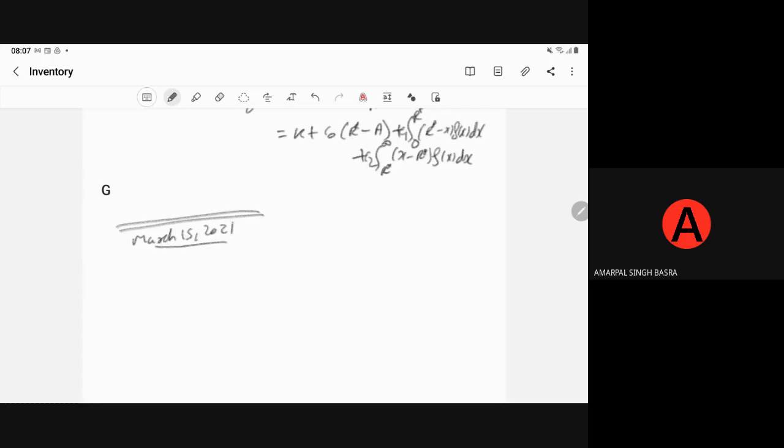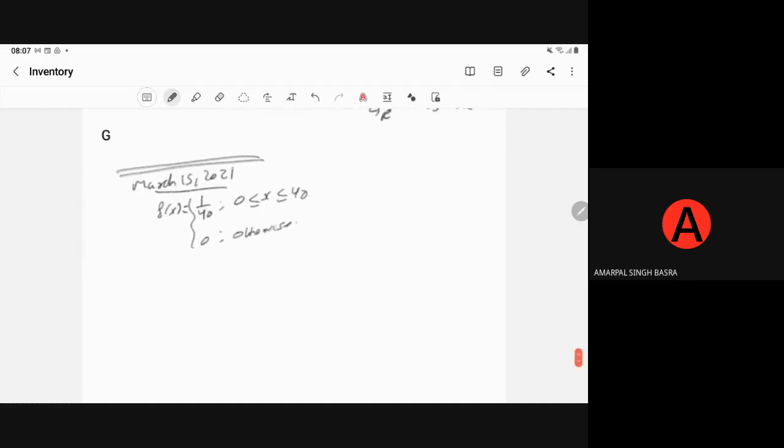We have the PDF which is uniformly distributed. It is given to you 1 upon 40, for x from 0 to 40, otherwise it is 0.